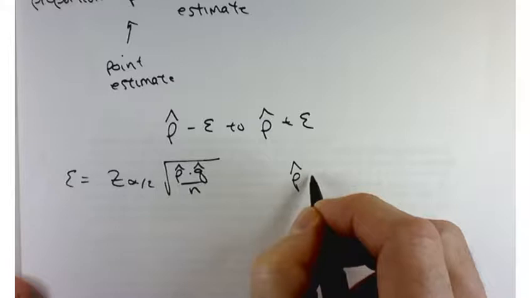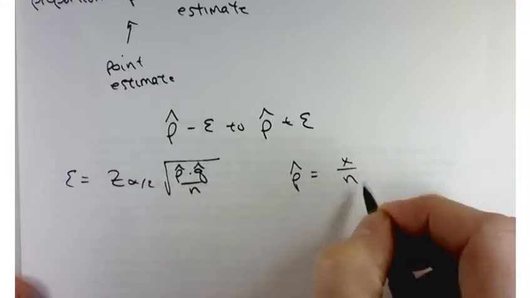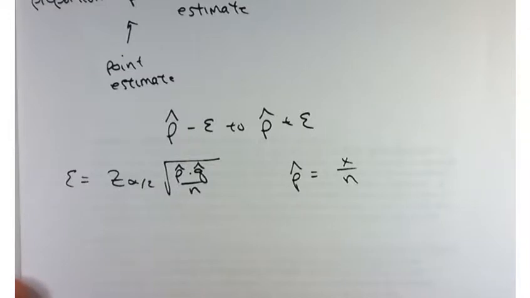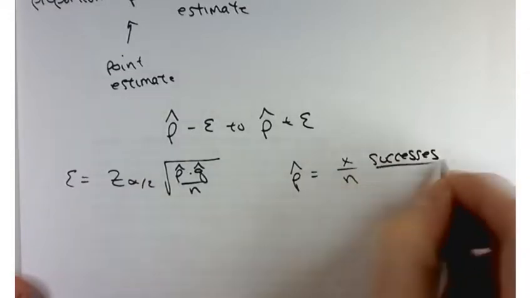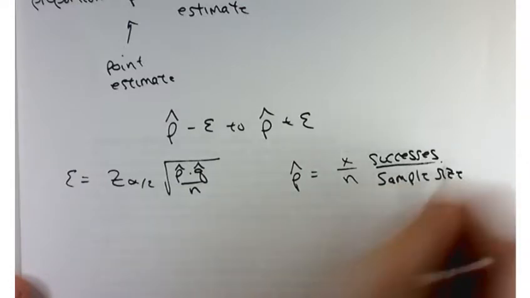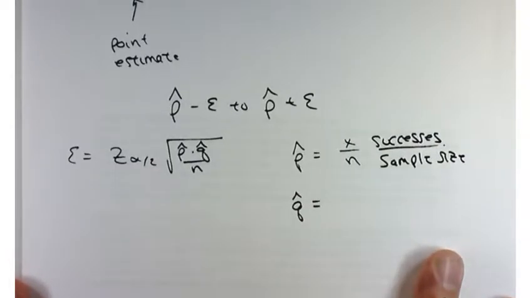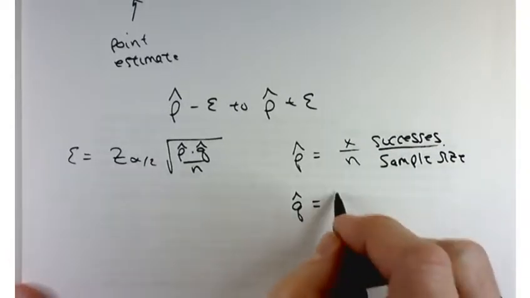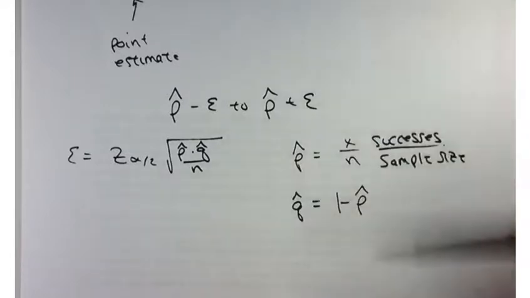We know what p hat is: our number of successes divided by the total number in our sample size. So successes over sample size. Yeah, q hat is kind of like your failures. The easiest thing to do is say that it's 1 minus p hat. Okay, it's your failures. So you're one or the other, success or fail.